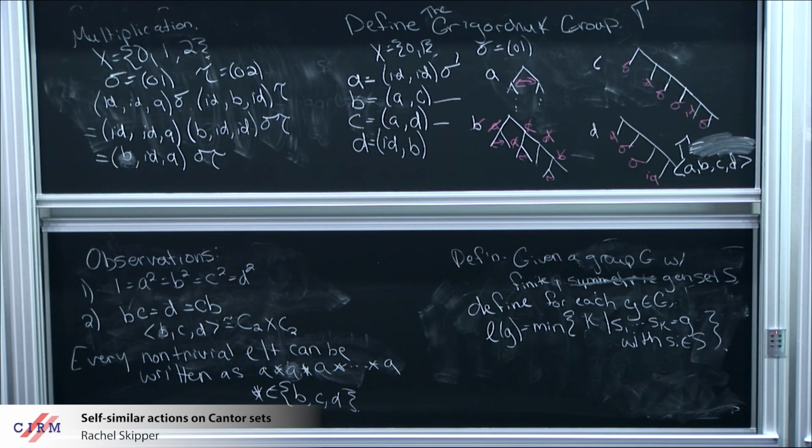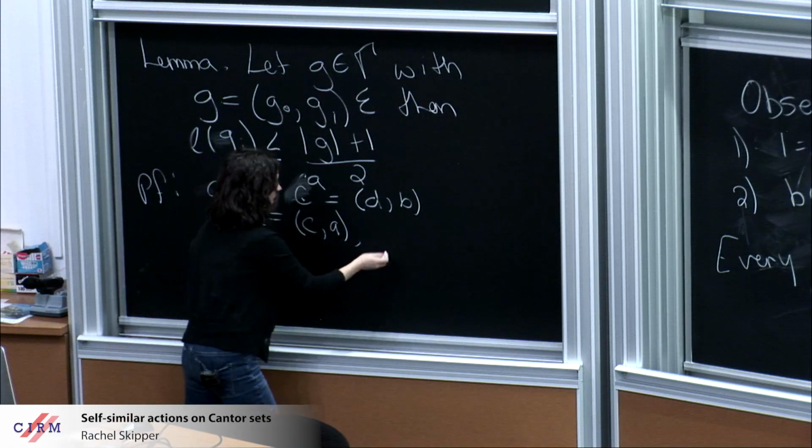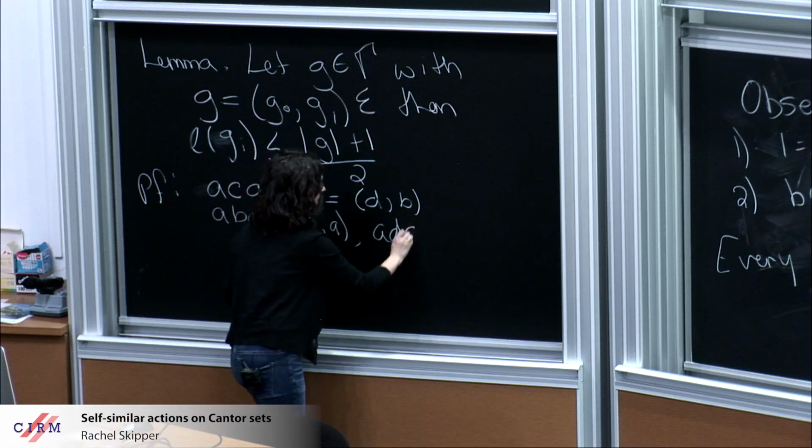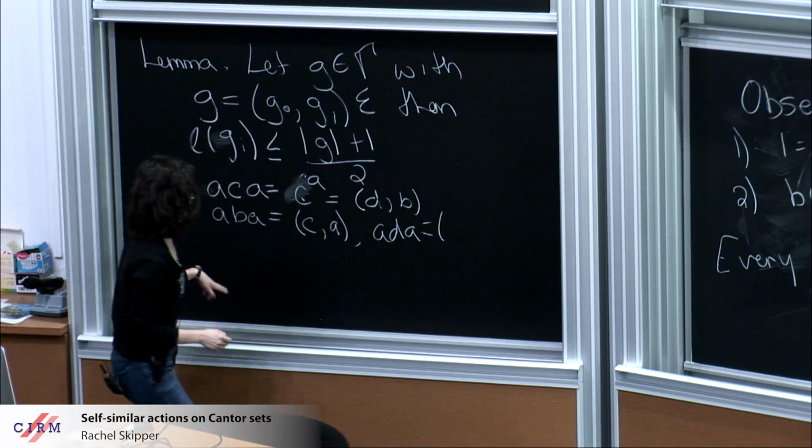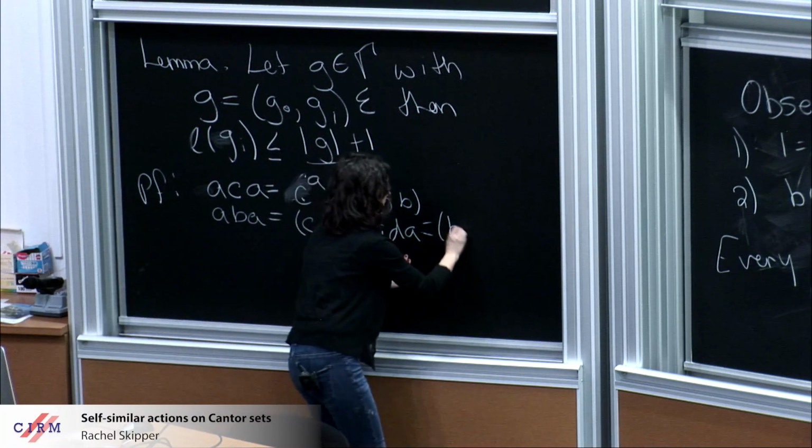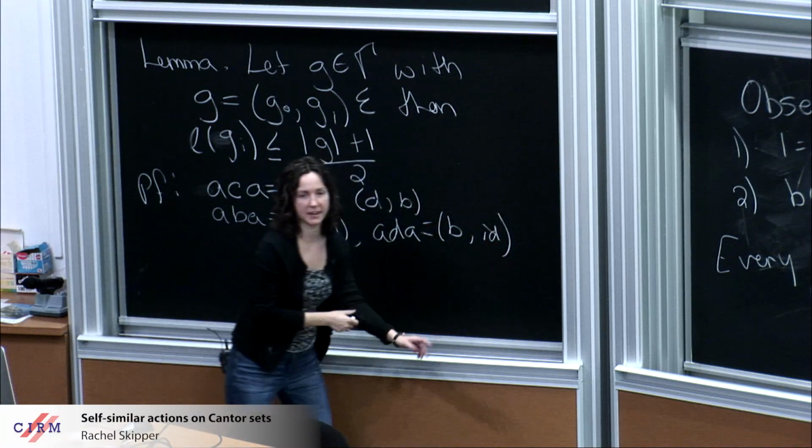So ACA gives me, for instance, DB. And similarly for the other generators: ABA, which is probably what I should have started with here, gives me CA, and ADA just switches the order of B and the identity.